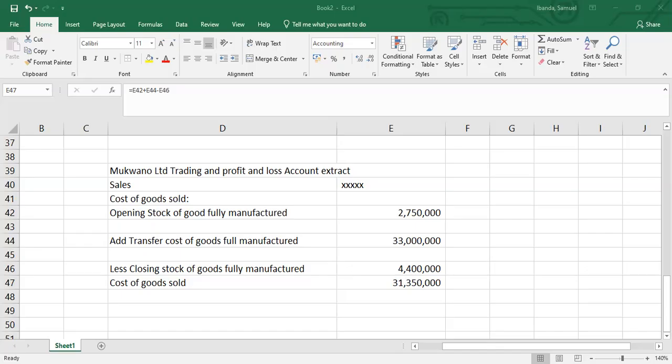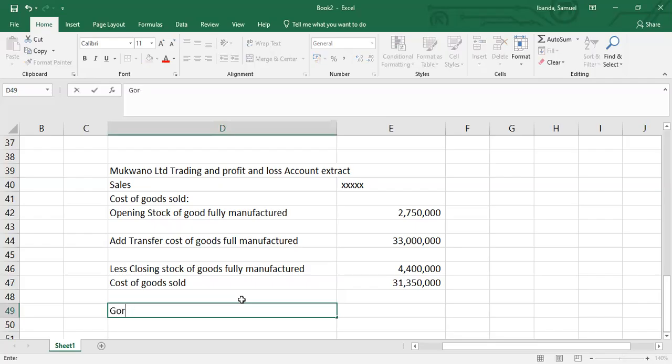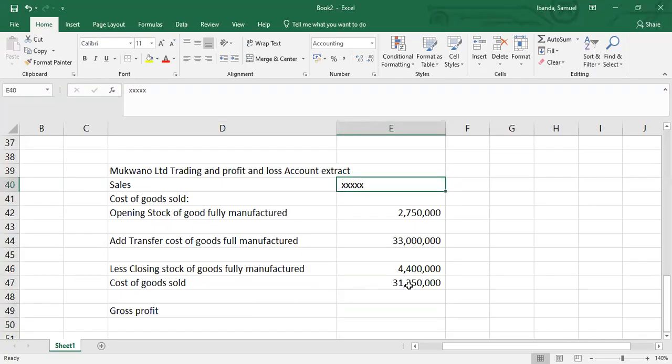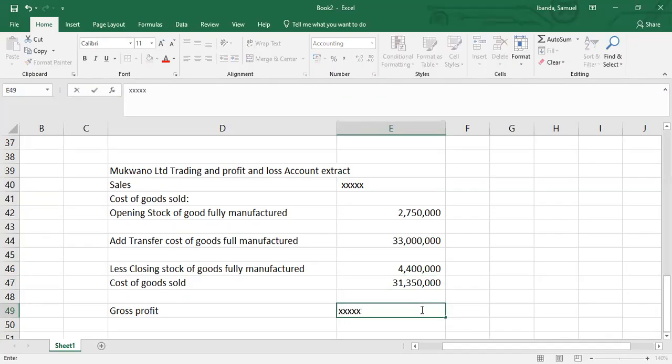Now, in this case, if we had the sales figure, we should be able to determine the gross profit. So our gross profit would have been the sales figure less the cost of goods sold, which we can denote by just a star, okay?